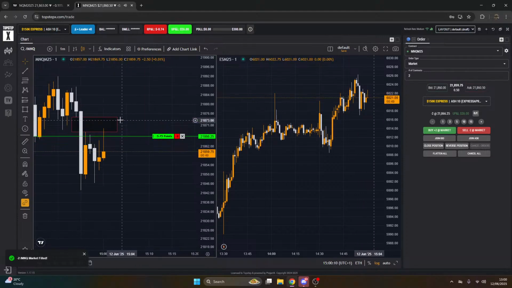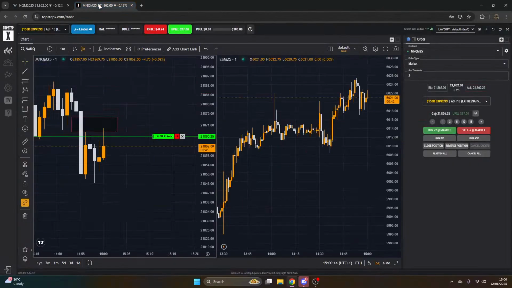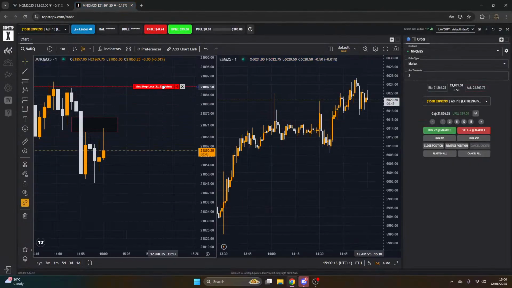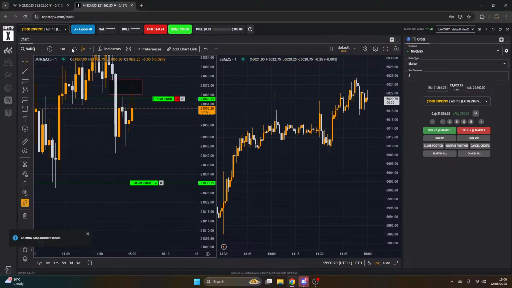Alright, so I'm in for shorts there. Stop at this short-term high. TP at the New York Open price.